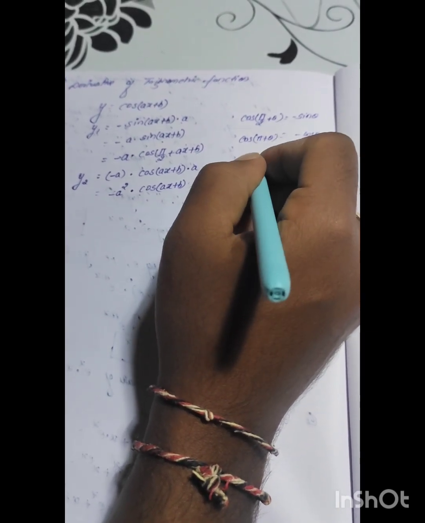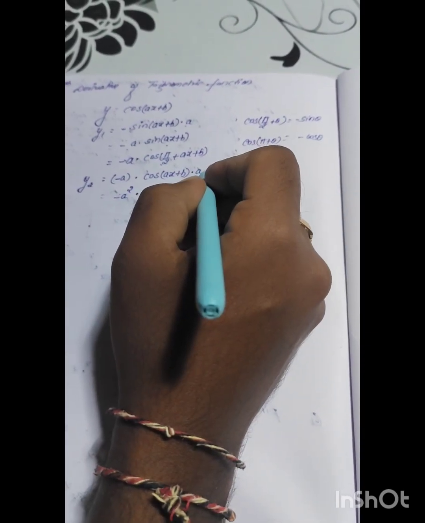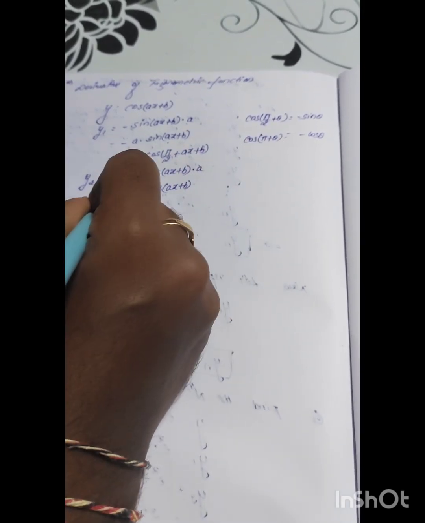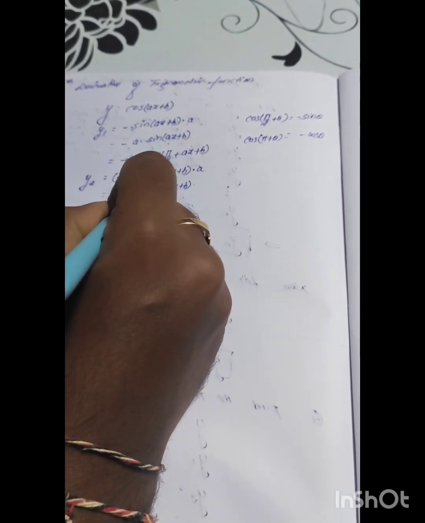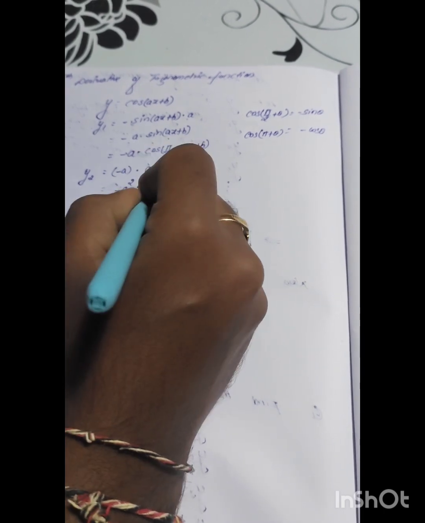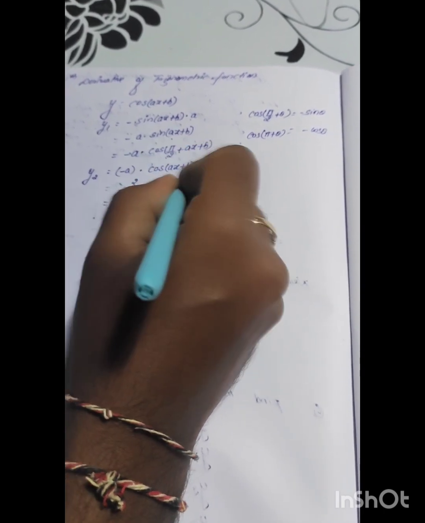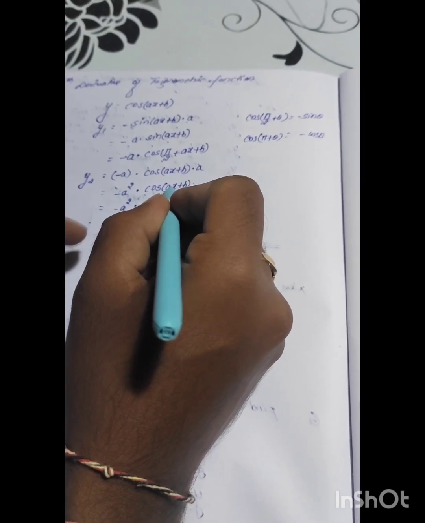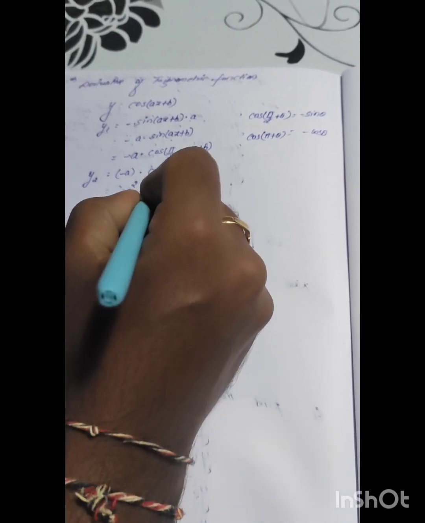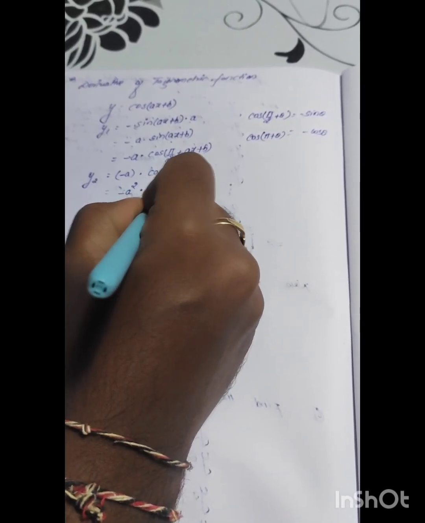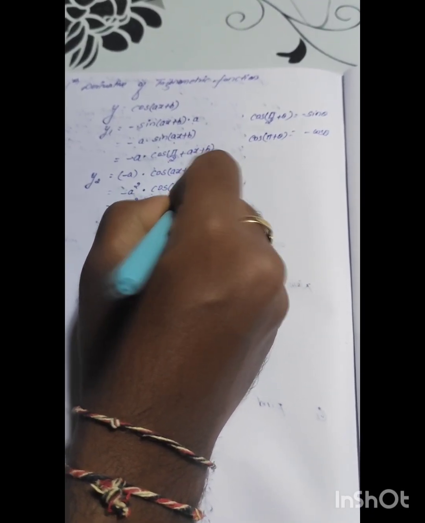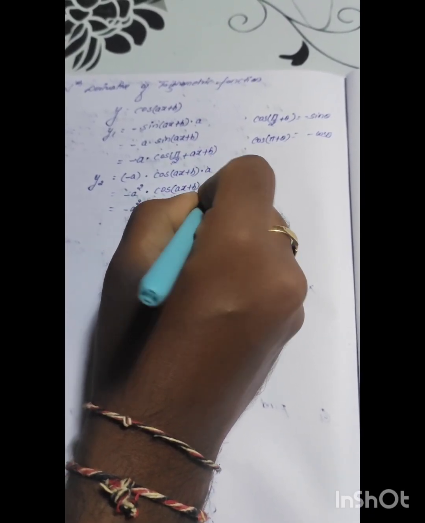So here minus a square will be there as minus a square itself into cos of ax plus b. If I have to write cos of ax plus b in terms of pi by 2 plus something, what I can write here is cos of pi plus ax plus b, right?